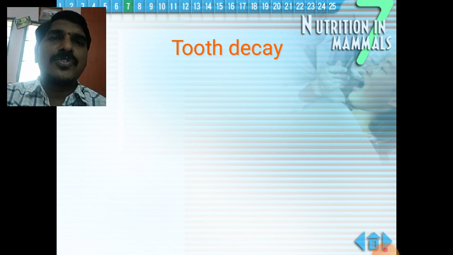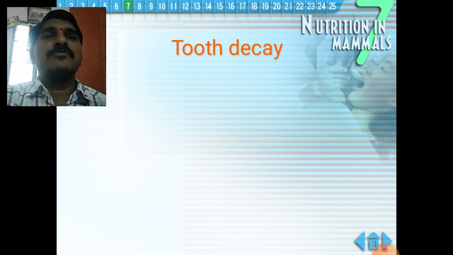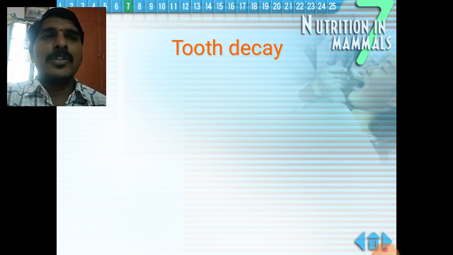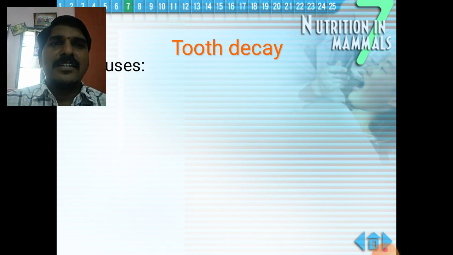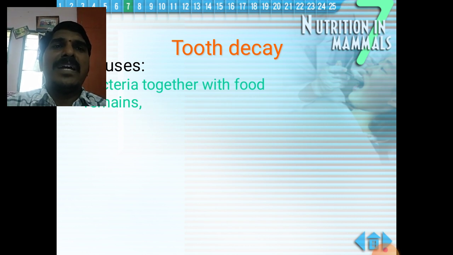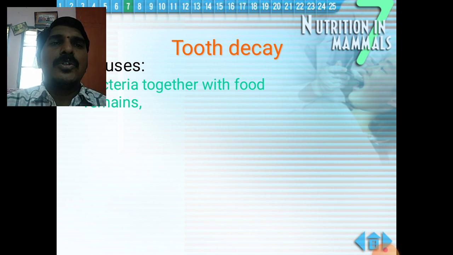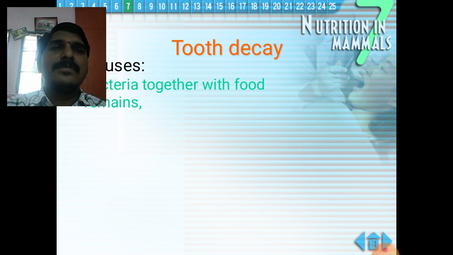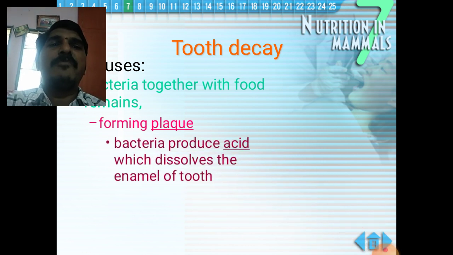And so we know tooth decay. Our parents used to ask us to brush our teeth neatly and perfectly to maintain dental hygiene. Tooth decay is caused because some bacteria together with food form a plaque.